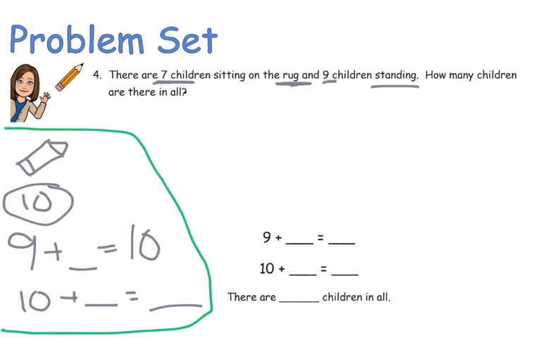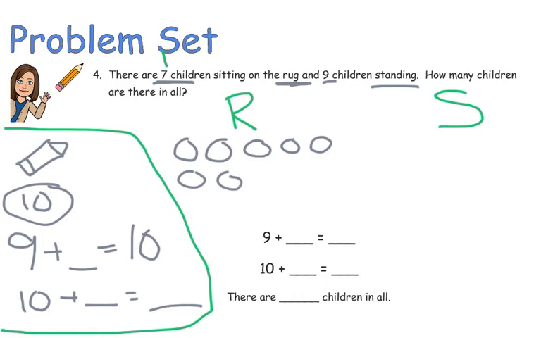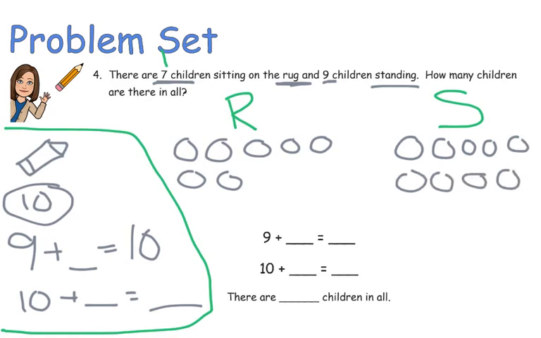So we have some kids sitting on the rug and some students standing. So let's see, we have 7 on the rug, so I'm going to draw 7. 1, 2, 3, 4, 5, 6, 7. And we have 9 standing. 1, 2, 3, 4, 5, 6, 7, 8, 9.